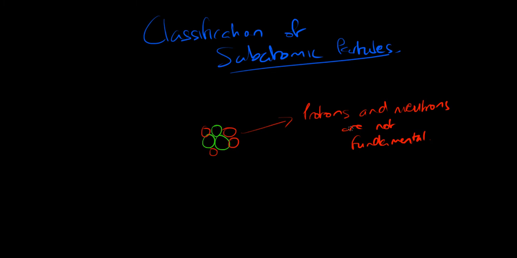That's in fact not true. You can divide nuclei, you can even divide protons and neutrons into smaller fundamental particles, which I'll now introduce to you. Protons and neutrons actually consist of particles known as quarks.